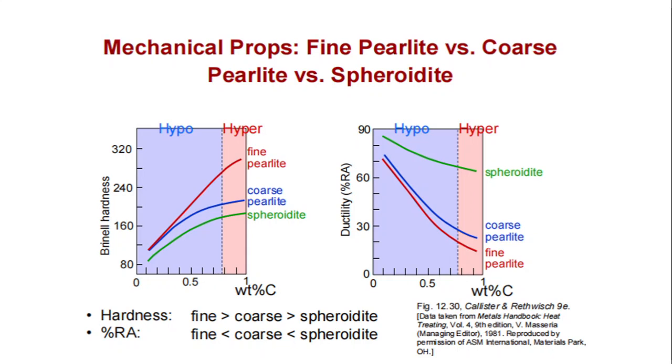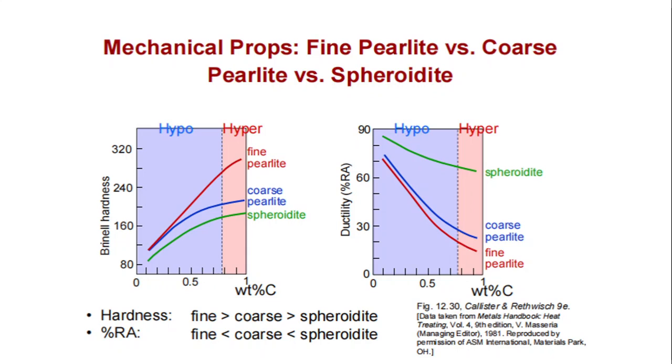So overall, for improving the Brinell hardness, one way is to increase the carbon percentage and also reduce the interlamellar spacing of pearlite, so that you end up having a fine pearlite.